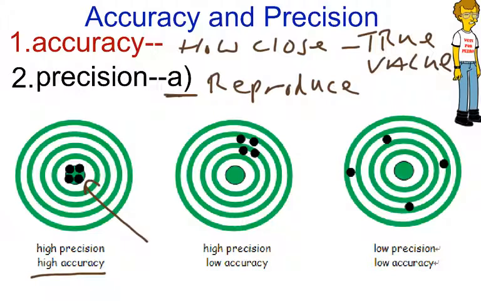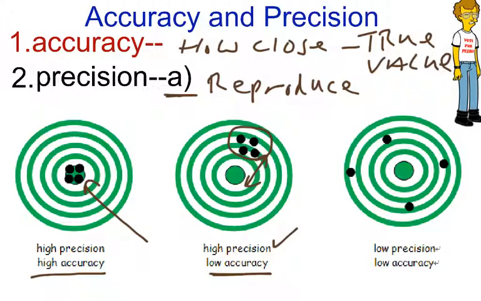Because, for example, if you look at this second target, you're reproducing the points, yes, but you're away from the true value or the bullseye. So in this sense, even though you have high precision, high reproducibility, you have low accuracy because you're away from the true value or bullseye.